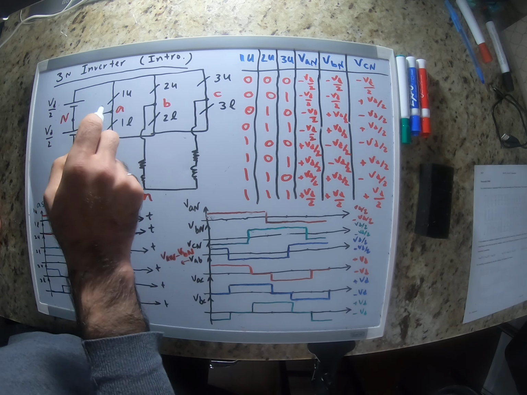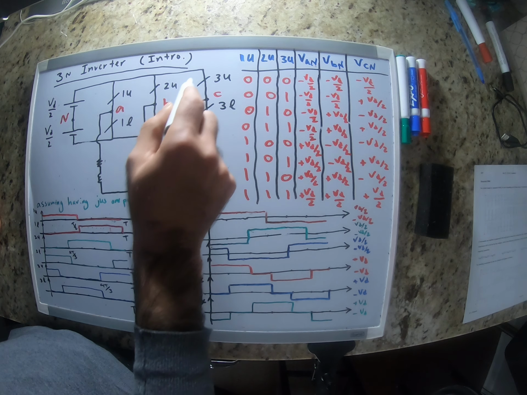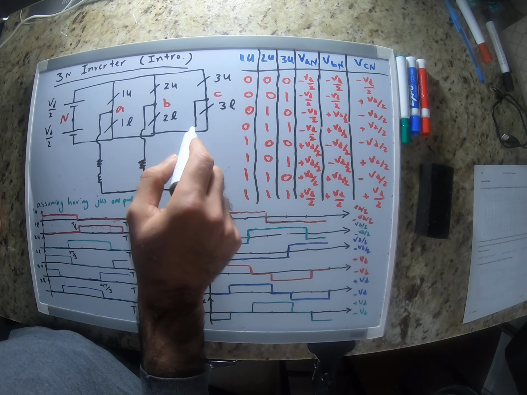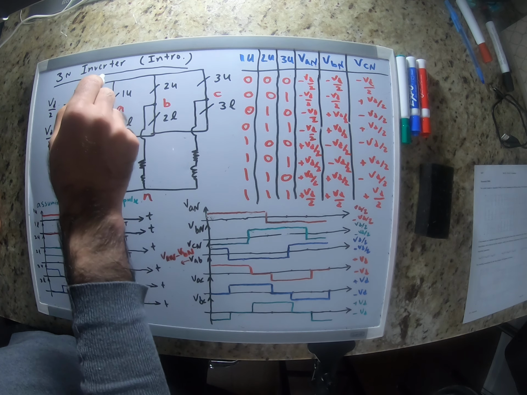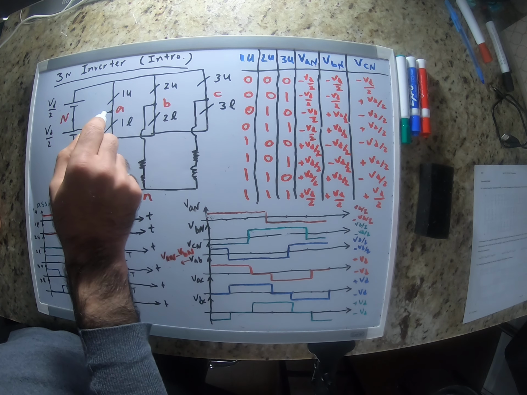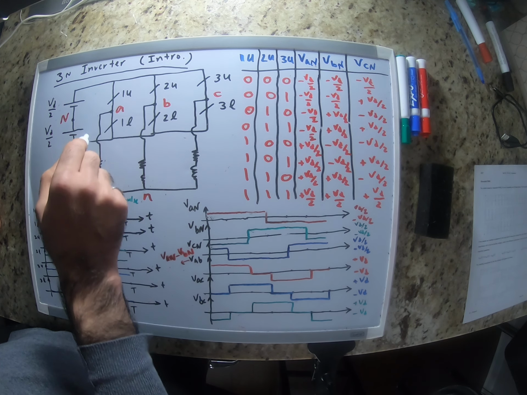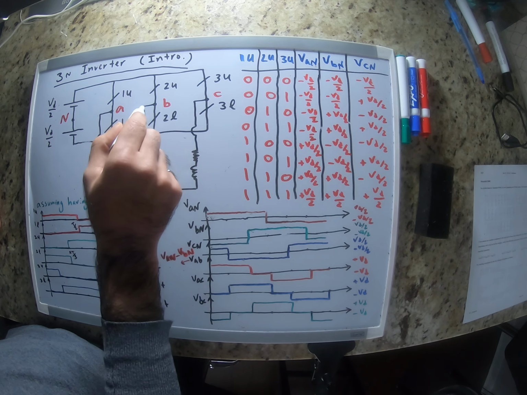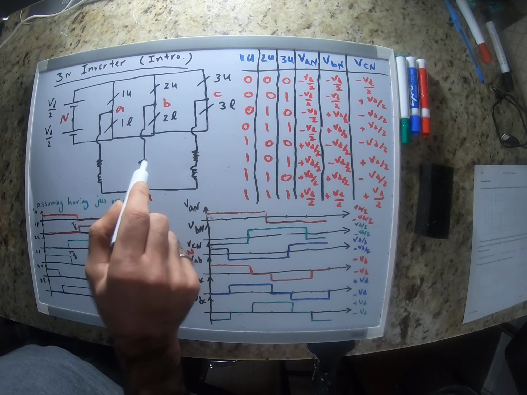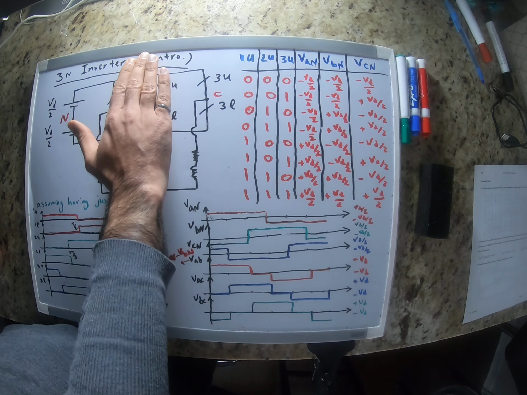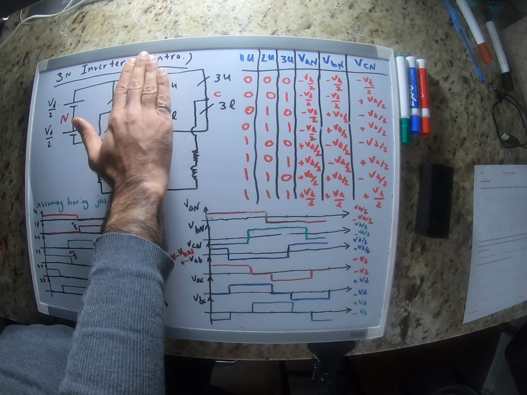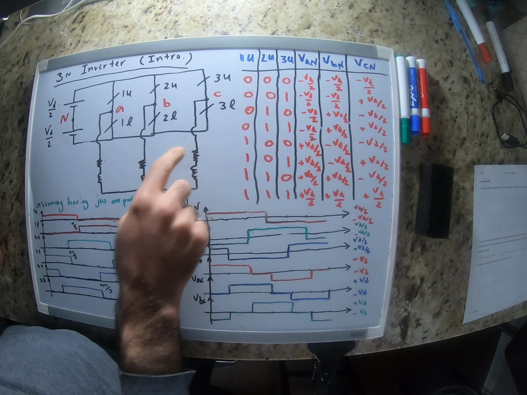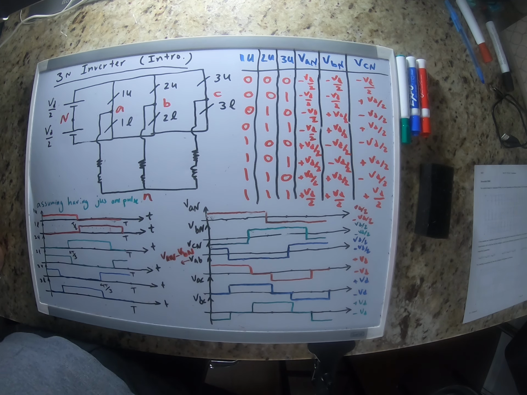Then we have 6 switches in 3 different legs, and each leg gives the output for one phase: phase A, phase B, and phase C, as if we have a half bridge for each phase.